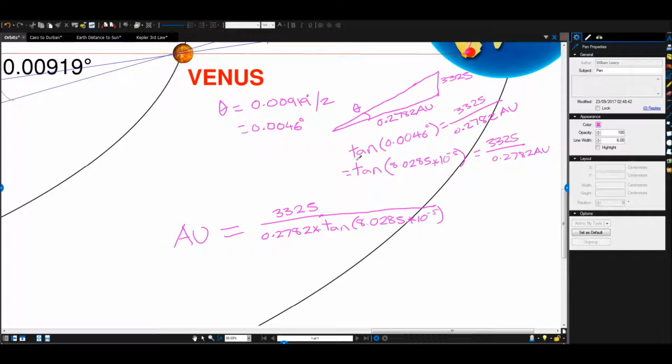Okay, so I brought this over here, I brought that down here. So let's do it out. So we've got to make sure we're in radian mode. Tan of 0.000080285 multiplied by 0.2782, inverse, times 3325.